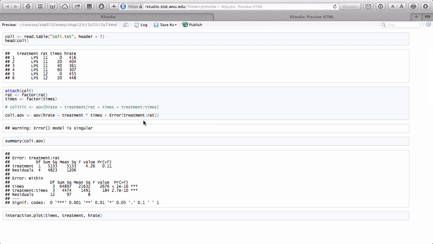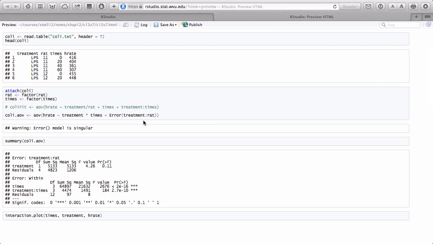Again, if you think of it as hierarchical, there are 2 error terms. And so I have heart rate, H rate is heart rate, tilde treatment times time. So that's a two-way factorial. And then I have treatment, time, and treatment by time. But the error I'm going to break out separately besides the residual is the treatment by rat.